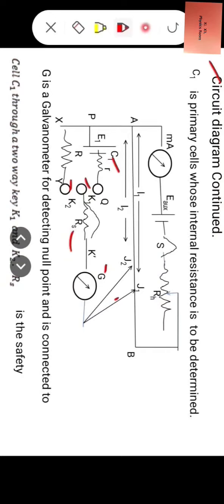RS is the safety resistance for the safety of galvanometer connected to it through key K dash and is generally of 1000 ohm. The other end of galvanometer is connected to a sliding contact called jockey.